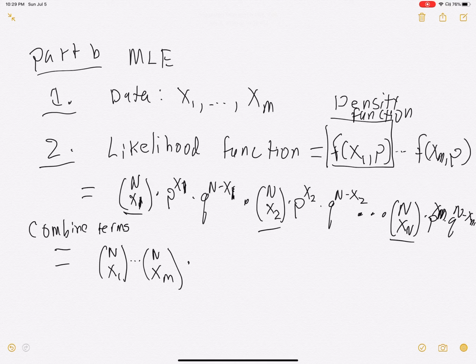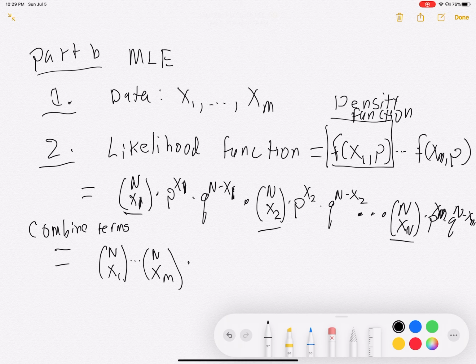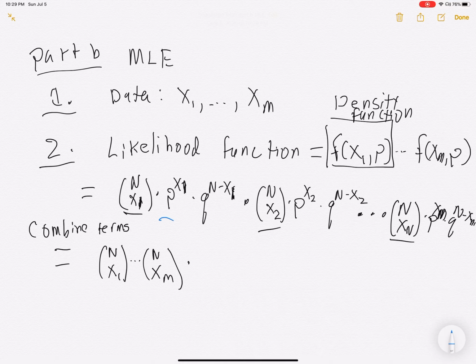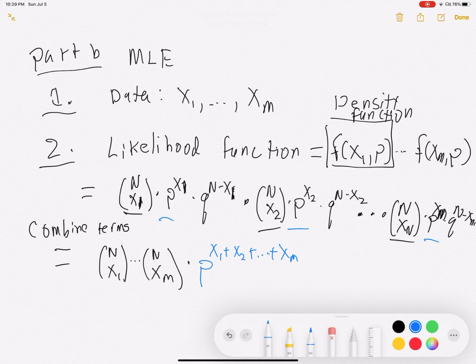Then I'm going to write down the value of the p's. From the p's, when we add those all together, we're going to have p to the x1 plus x2 plus x sub m. Then I'll do the q terms.